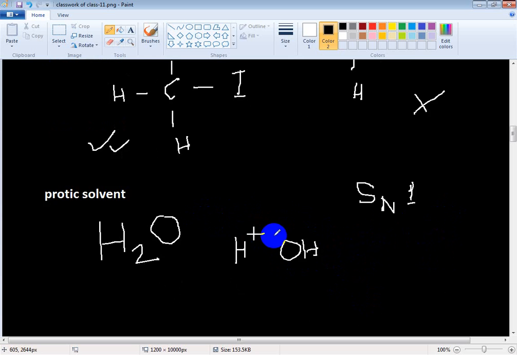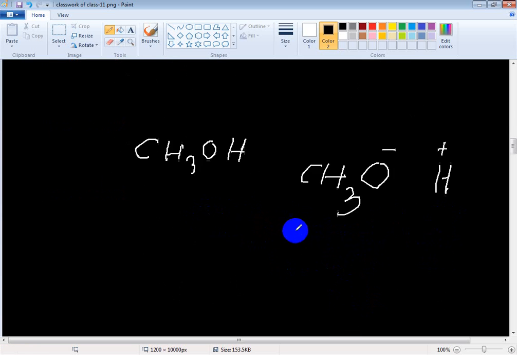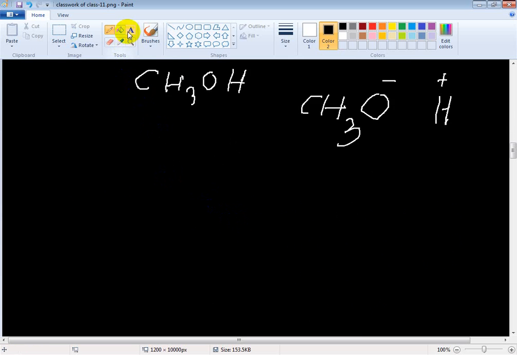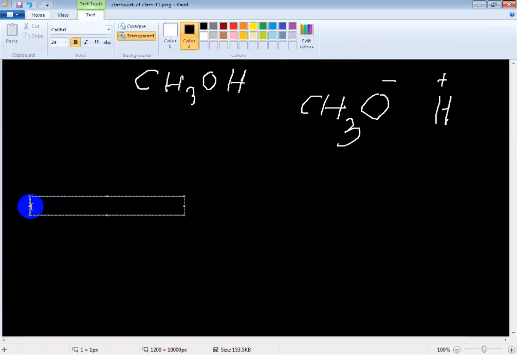So protic solvents prefer the SN1 reaction, and aprotic solvents prefer the SN2 mechanism. Aprotic solvent prefers the SN2 mechanism.